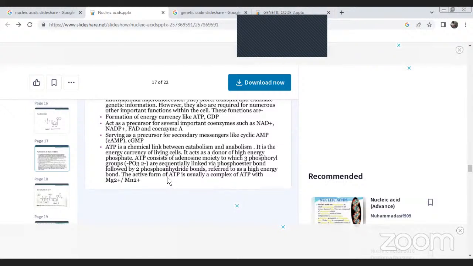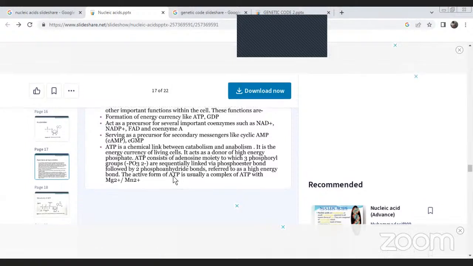ATP and NADPH are both assimilatory powers. They are mainly formed in cyclic and non-cyclic photosystems. That is the chemical link between catabolism and anabolism, in photosynthesis and respiration.